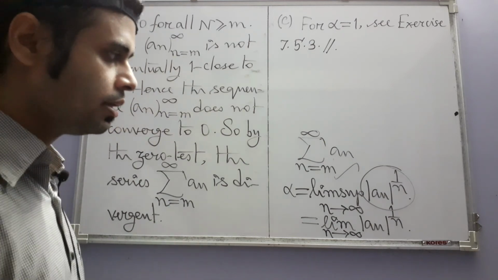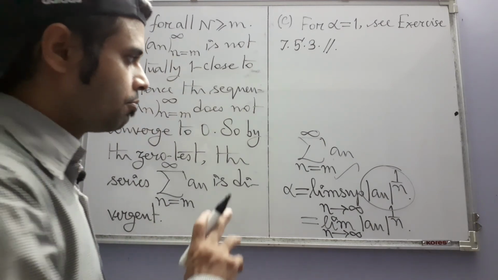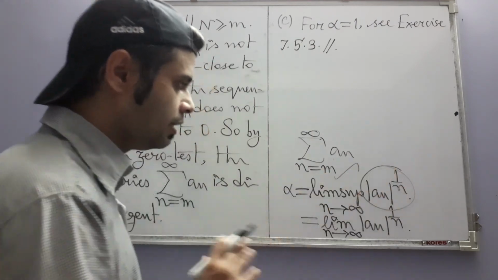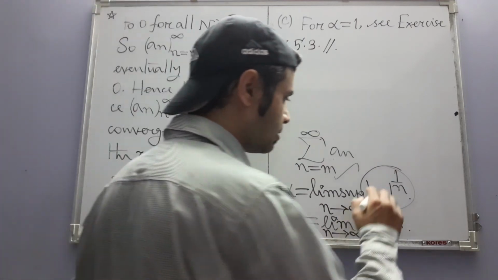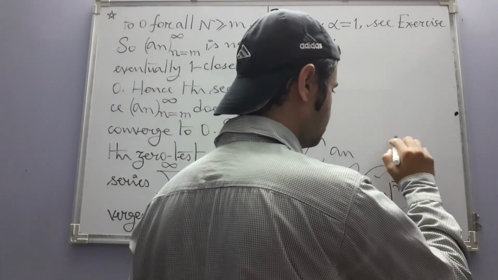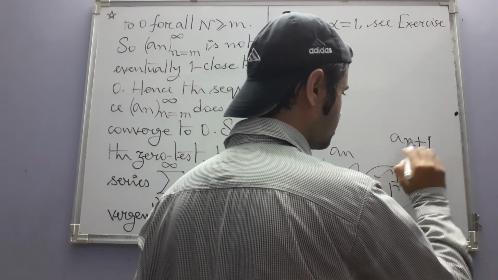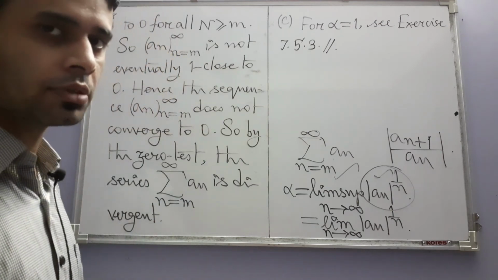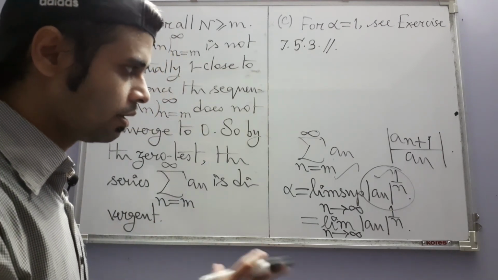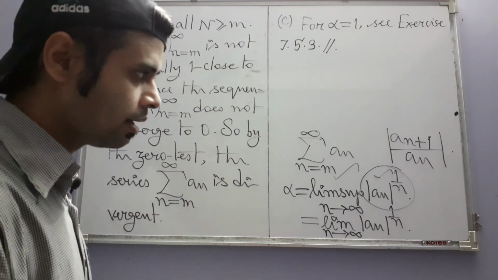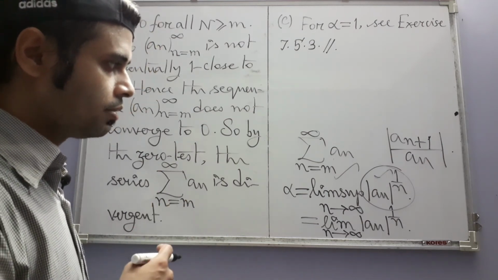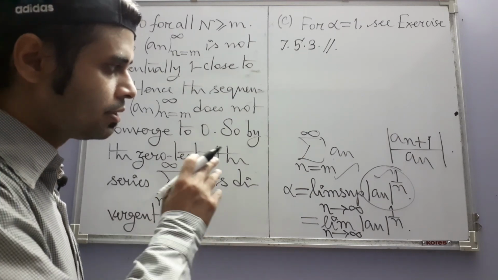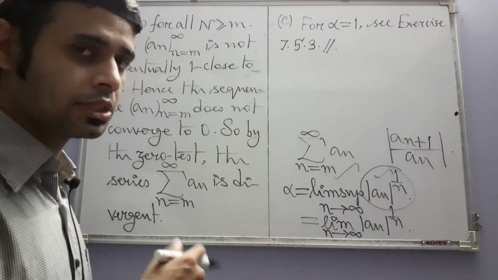That we will see in the next video: there are some inequalities that link these types of roots with these types of ratios, and there is a lemma which allows us to prove those inequalities, and using that lemma we will get the ratio test, which is easier to apply.